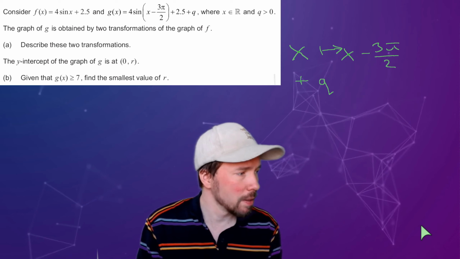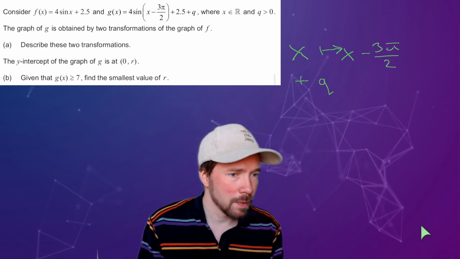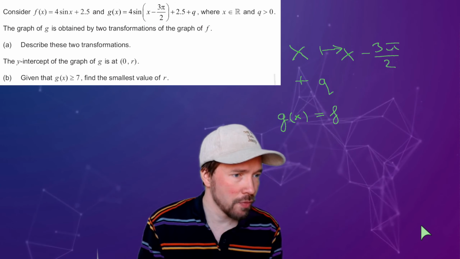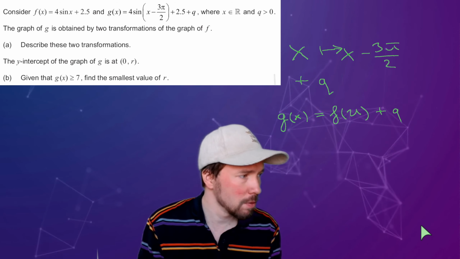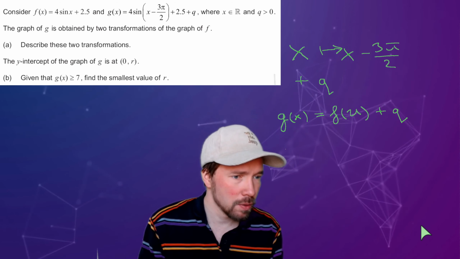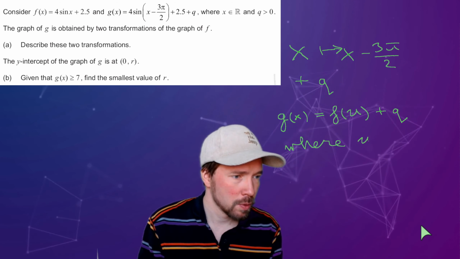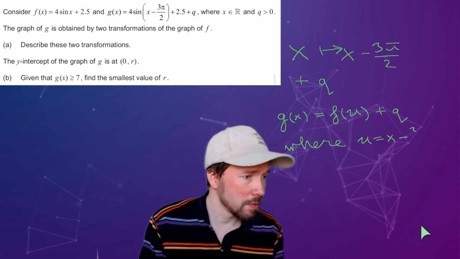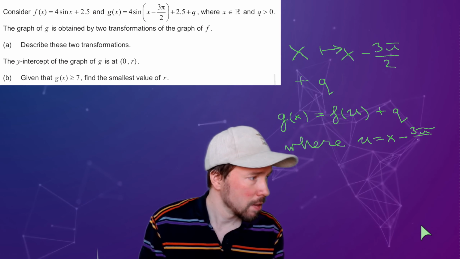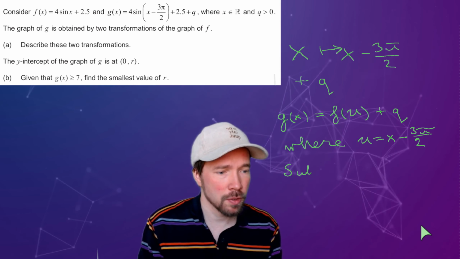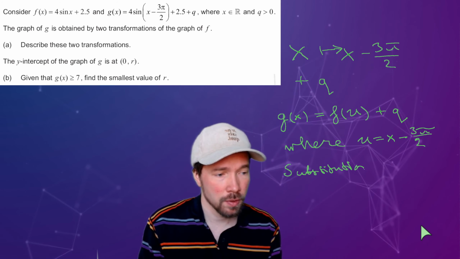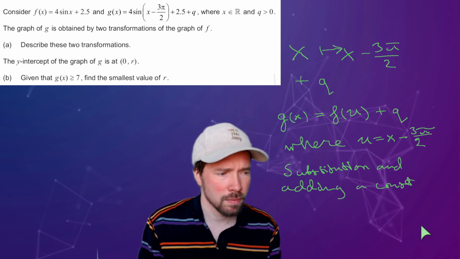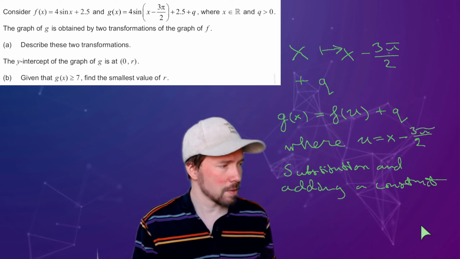So the way we could describe this is that g of x is f of u plus q, where u is x minus 3 pi divided by 2, so it's substitution and adding a constant. I think I would answer this question this way.